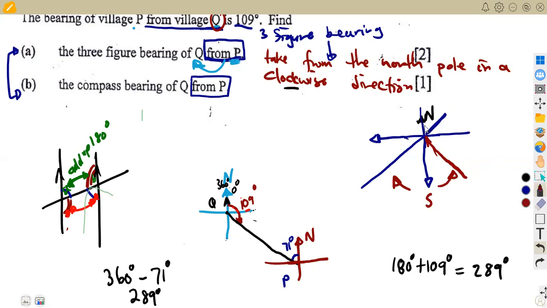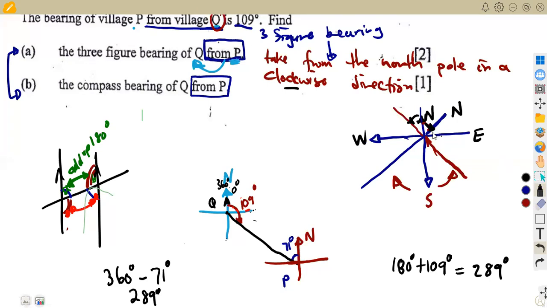The north and the east. So we are taking from the north to the east. If you are dealing with a line in this region, you are dealing with the north going to the west. Because this is our north, this is our east, remember our south, and this is our west.